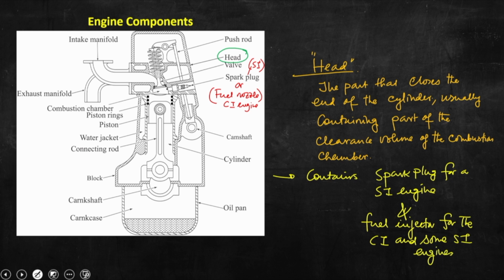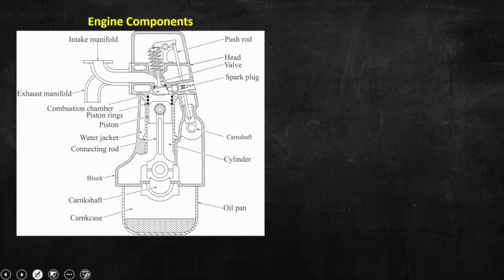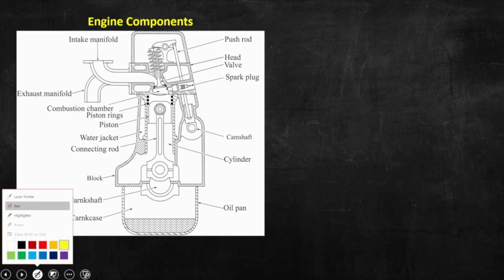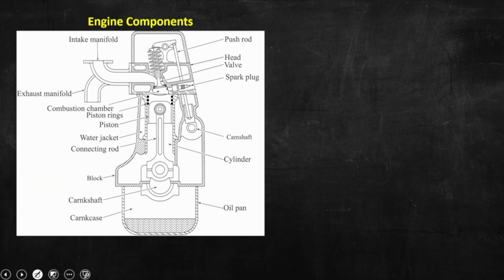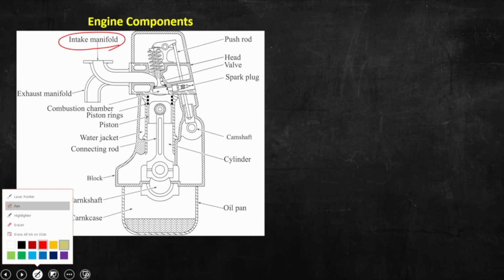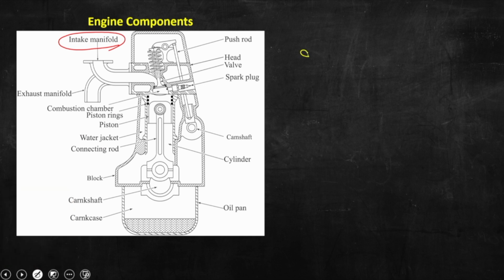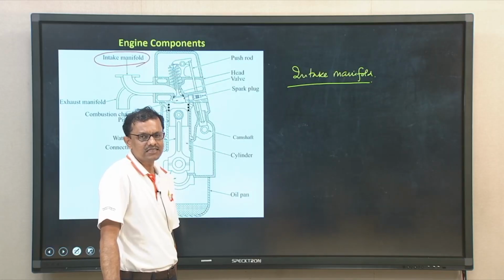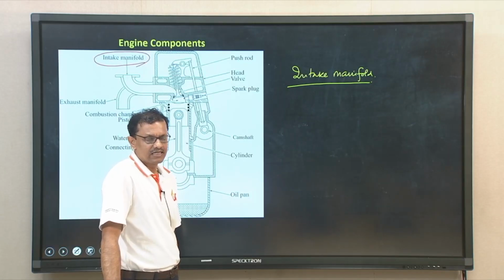Okay. So, if we go to the next, then we can identify another component, that is the intake manifold. This is also very important, as you know by this time. The intake manifold is again a piping system which is used to supply fresh air if it is a CI engine, or air-fuel mixture if it is an SI engine, to the engine cylinder.